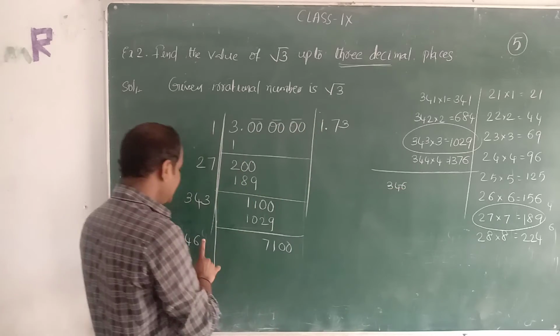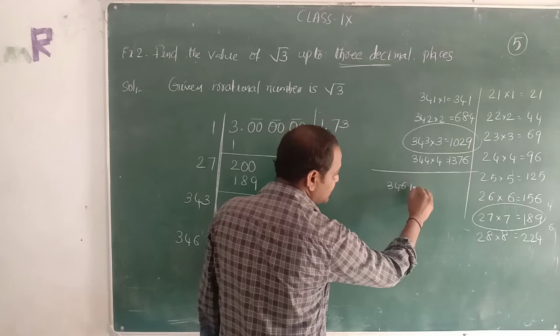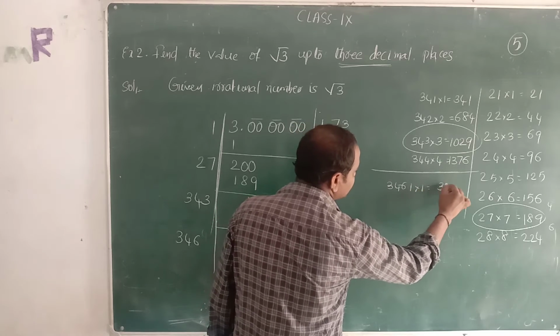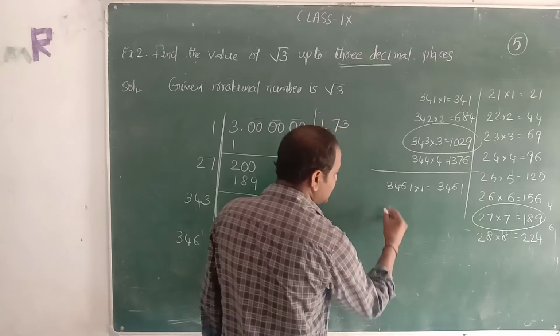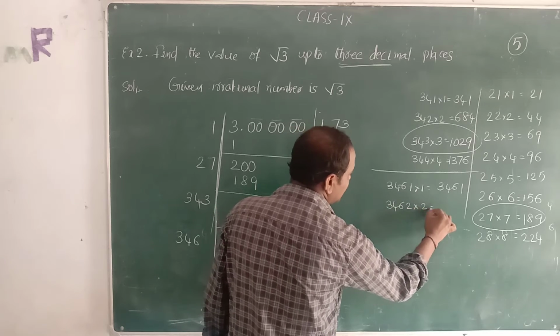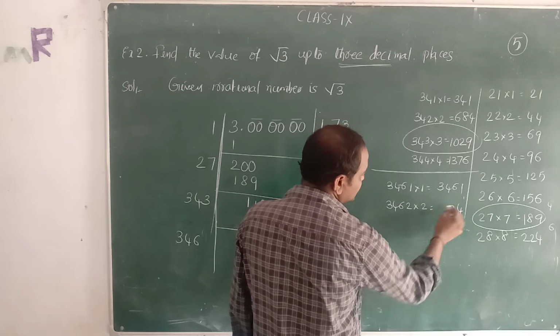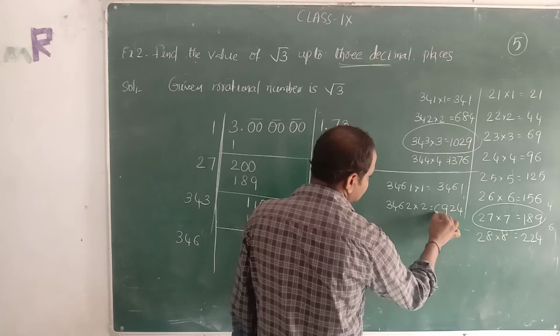346. Here if you take 1, here also we have to take 1. So 3461, 1 time, we get 3461. 3462, 2 times, how much will we get? 2 twos are 4, 2 sixes are 12, 2 fours are 8 plus 1 is 9, 2 threes are 6.